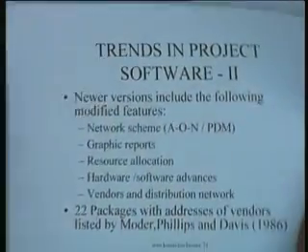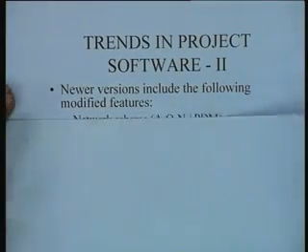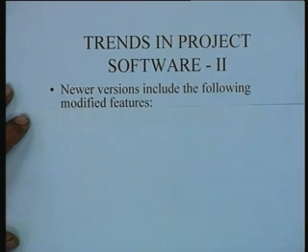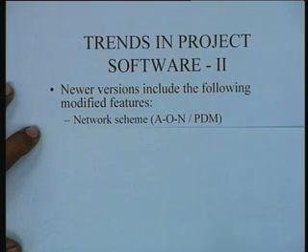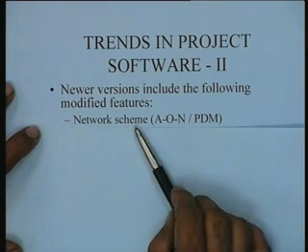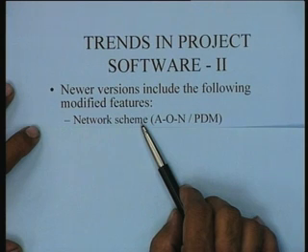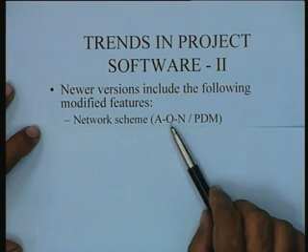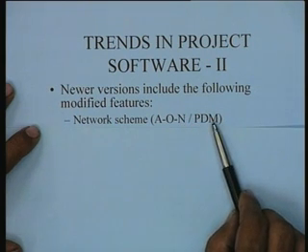What has been happening over recent times is that newer versions typically include some modified features. What are these modified features? First thing is that in the scheme of the network itself, there is an increasing trend in most of the commercially available software these days to go in for either an activity on node network representation or a PDM representation.